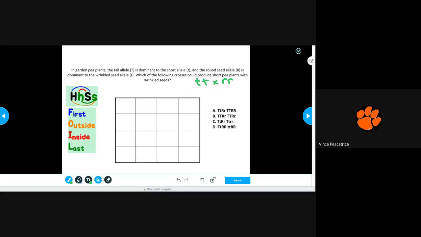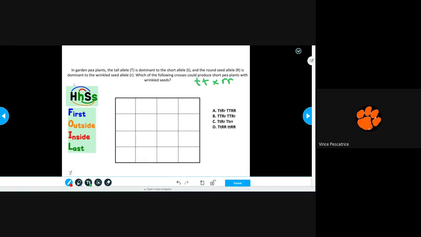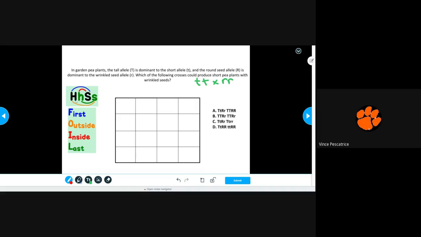Now, if you watched the video from yesterday, it taught you how to do these. It uses the FOIL method, which is what I put over here. The FOIL method, just like math class, unfortunately, talks about the pairs that you put up here and the pairs that you put on the side. So for the first one, it's the first. For us, that's T and R right here.